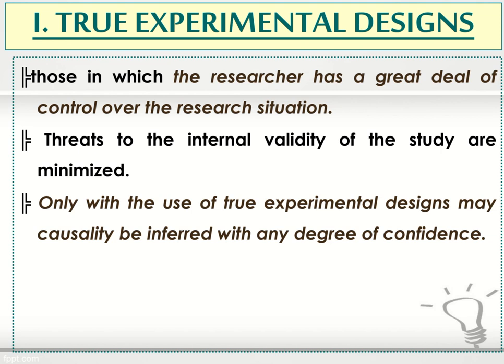Threats to the internal validity of the study are minimized. Only with the use of true experimental designs may causality be inferred with any degree of confidence. So with these types of designs, the researcher has some confidence that the independent variable was the cause of the change in the dependent variable.